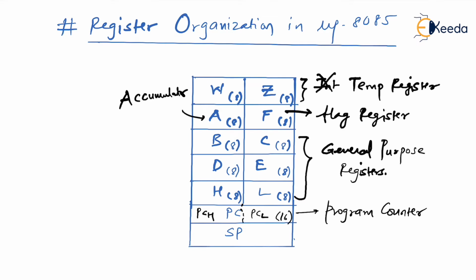Similarly, we have one more register called SP. From the structure, it is quite clear that it is 16-bit in size. Even though SP, that is the stack pointer, appears to be a 16-bit register, it is internally made up of two 8-bit registers called SPL and SPH, where SPL stands for stack pointer lower byte and SPH stands for stack pointer higher byte.